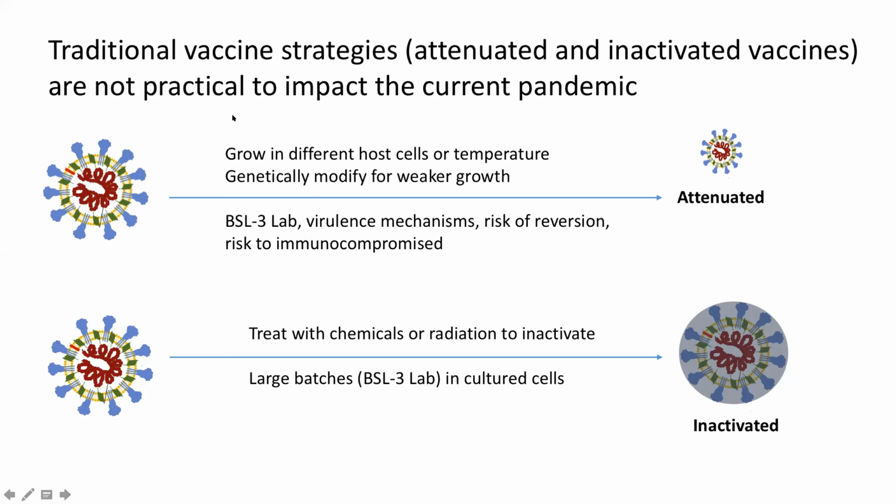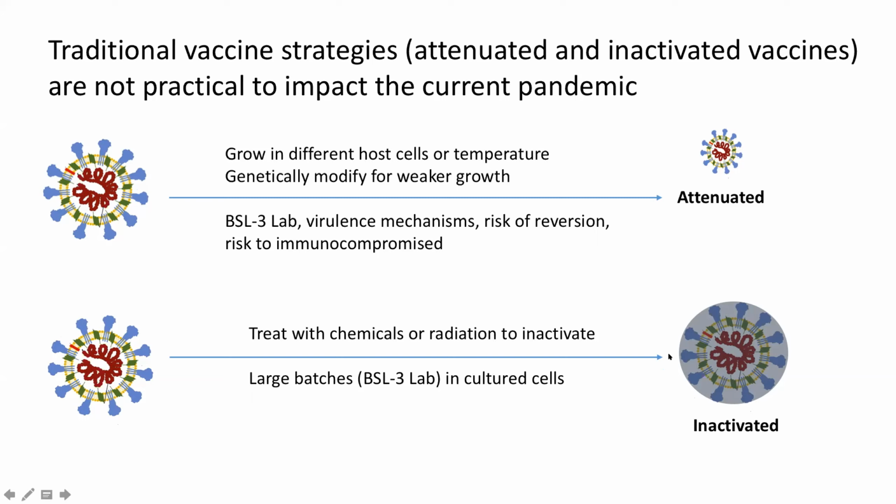The next traditional vaccine is an inactivated vaccine. Here you grow up large batches of the virus, treat it with either chemicals or radiation to inactivate it, but kind of freeze it in its native structure and use that as a vaccine. And again, with the inactivated vaccine, kind of the same problem. You have to grow up very large batches because you have to give a lot of it.